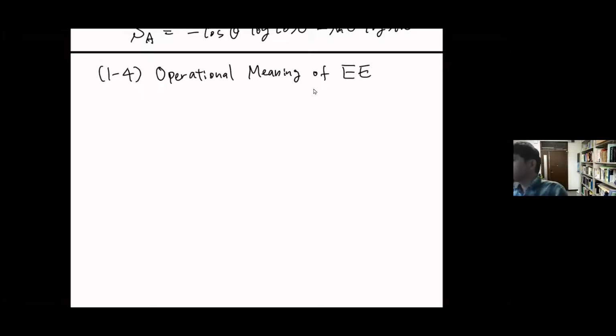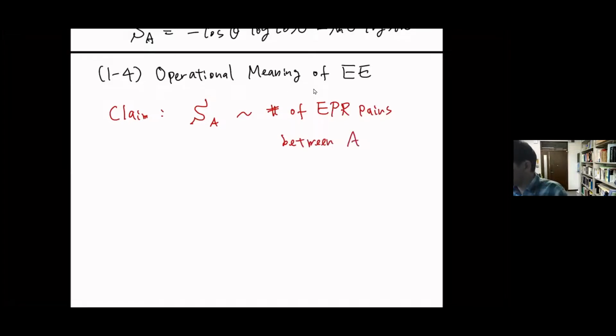First of all, what I would like to explain here is the following claim. The entanglement entropy is actually counting the number of EPR pairs between A and B. Again, we assume some pure state, and we would like to measure entanglement.